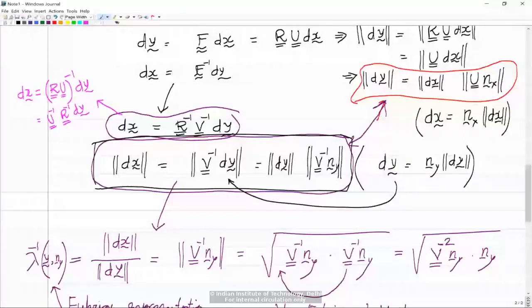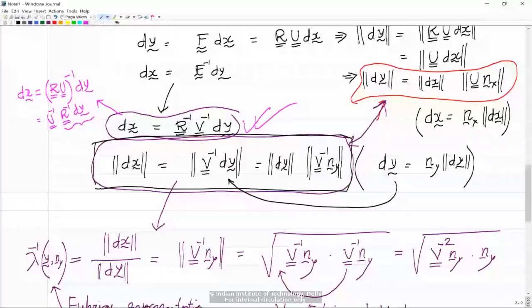What you see here is that u inverse is not acting directly on dy. U inverse is acting on r inverse dy. Whereas here it is v inverse which is acting directly on dy. Therefore, it is more convenient to write in terms of v inverse.